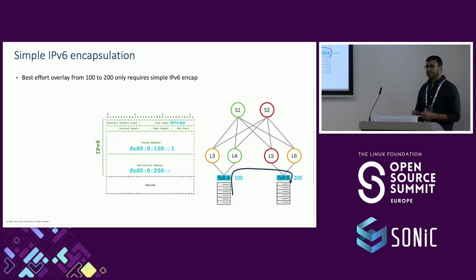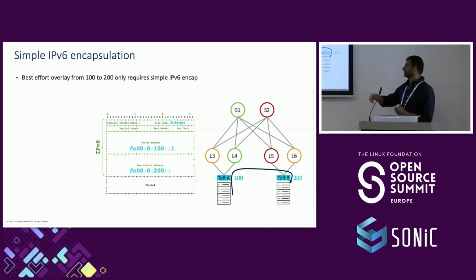Then let's take an example of a DC fabric and see how we can use SRv6 in that fabric. The very first thing that you want to deliver in a DC fabric is basically overlay networking. So I have traffic, and I want to deliver the traffic from top of rack 100 to top of rack 200.